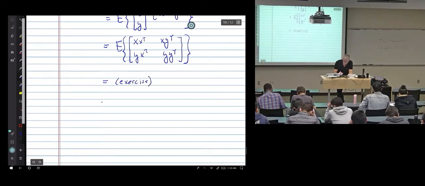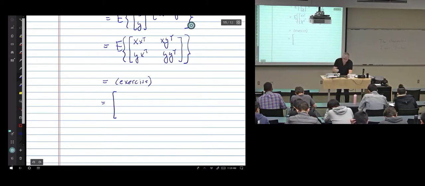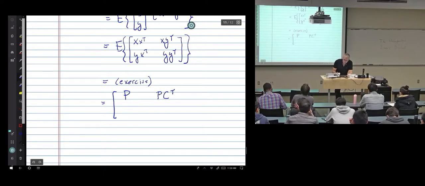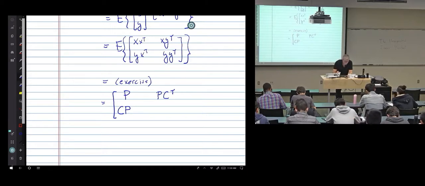That's a small little exercise. Let me just write down the answer to it. Okay, so expected value of X times X transpose, that's the covariance of X, P. It won't take you long to get that. That's P times C transpose. This is the transpose of that, and P is symmetric, so it's C times P. And expected value of Y, Y transpose, that's that Gram matrix we just computed.